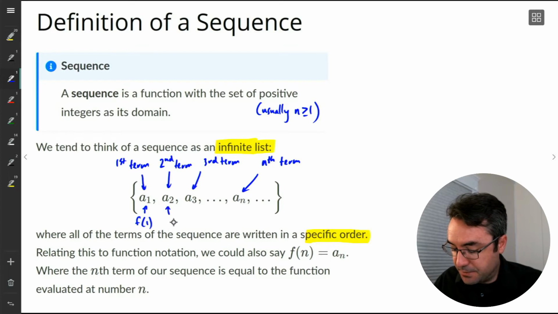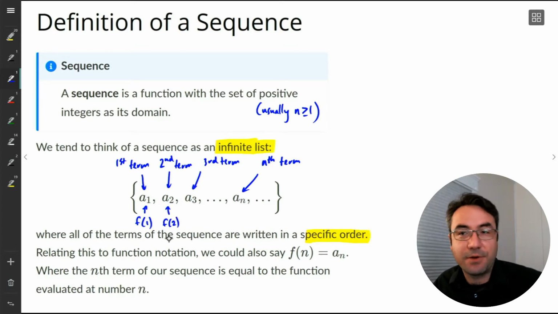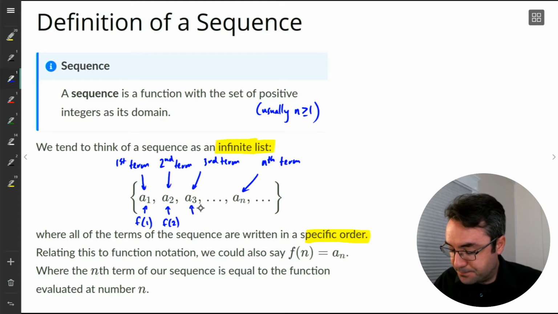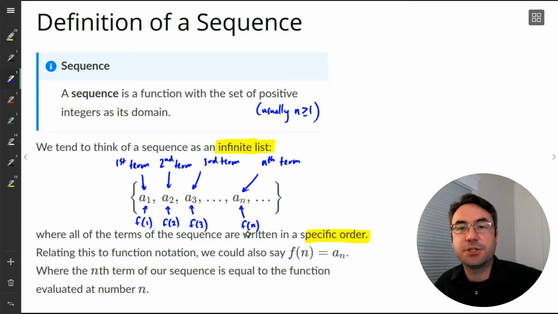A sub 2, our second term, is what we get when we plug the number 2 into our function, and so on. It's helpful to keep that function idea in our minds as we go forward. It's really just a function where we're plugging in integers. But for the most part, we're going to be thinking about this as an infinite list.